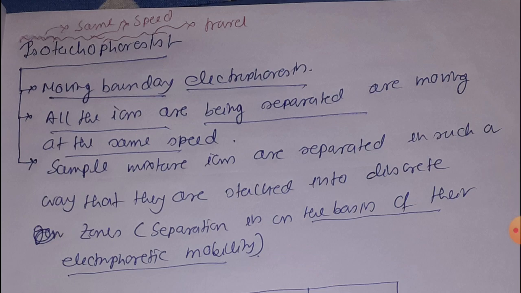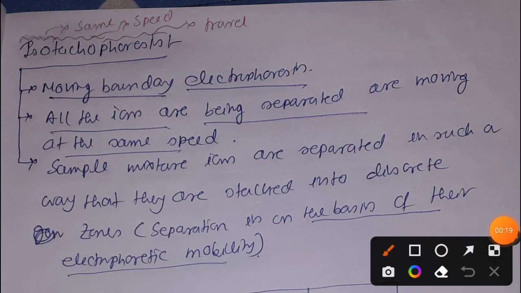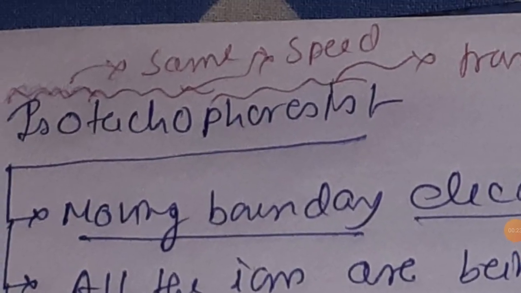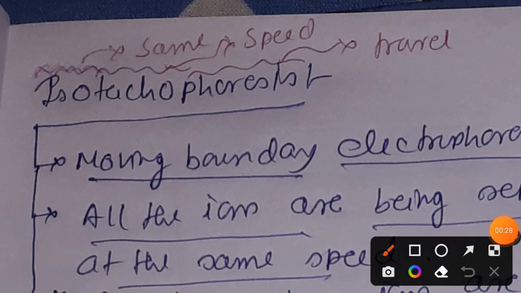In this video tutorial we are going to discuss a new kind of electrophoresis technique that we have not discussed earlier, that is isotachophoresis. If we zoom in and try to decode its name, iso means same, tacho means speed, and phoresis means travels.